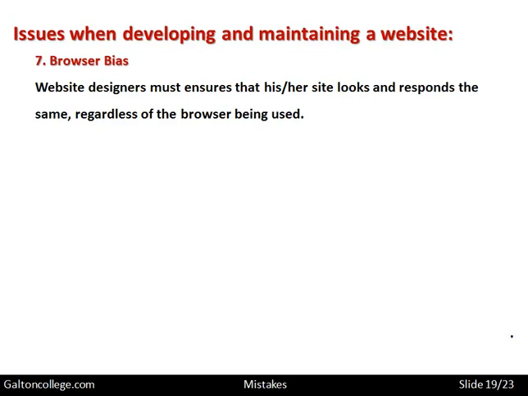Internet Explorer may need Silverlight, so different browsers may have plugins or requirements of certain plugins before they can work. But generally speaking, it's not a big issue to get those fixed nowadays. The browsers themselves know what they need and will sometimes go looking for it on a relevant website and download it and install it, and it'll work. But certainly in the past there was an issue of browser bias.